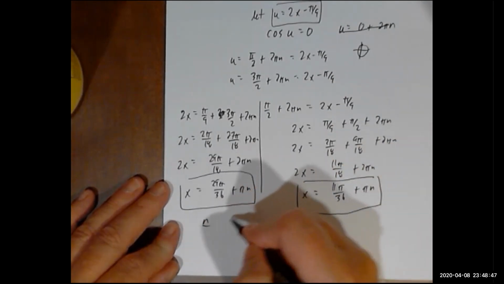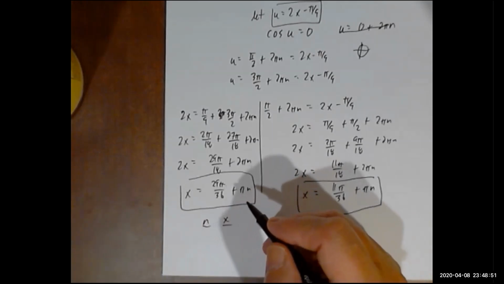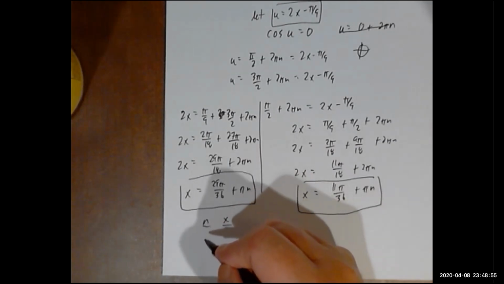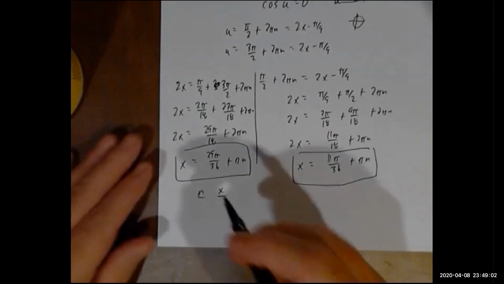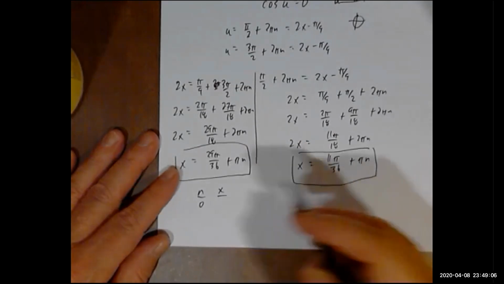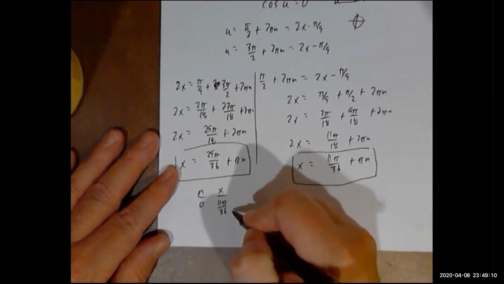Now I do the thing where I start stepping and counting my n's and finding these solutions, and I keep increasing the n's until my angles get to be bigger than 2 pi. So I start with n equals 0. When I plug in n equals 0 into here, I get 11 pi over 36.